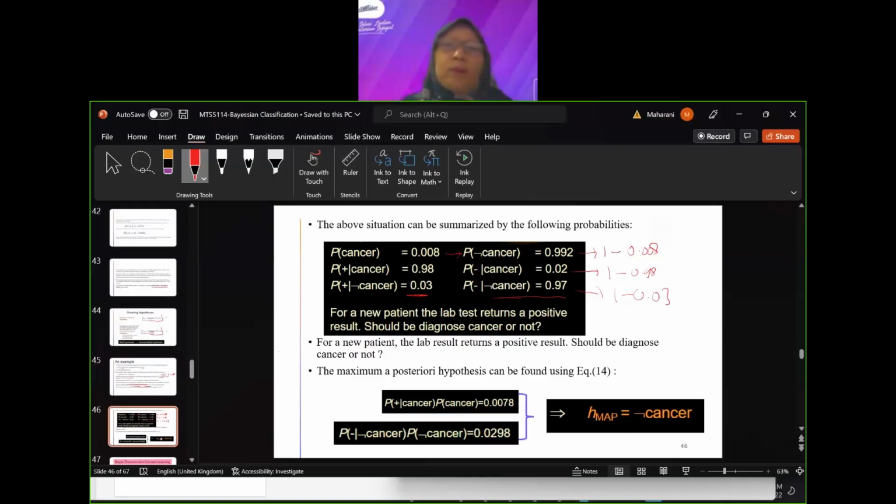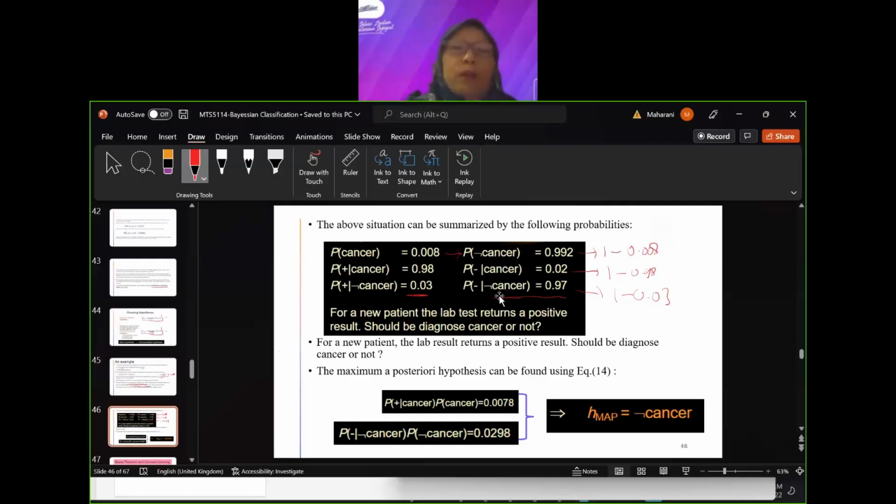Okay now, based on these facts, you want to predict for a new patient. Just imagine you are a doctor, and we have all of these facts, the probability of cancer and all of these.